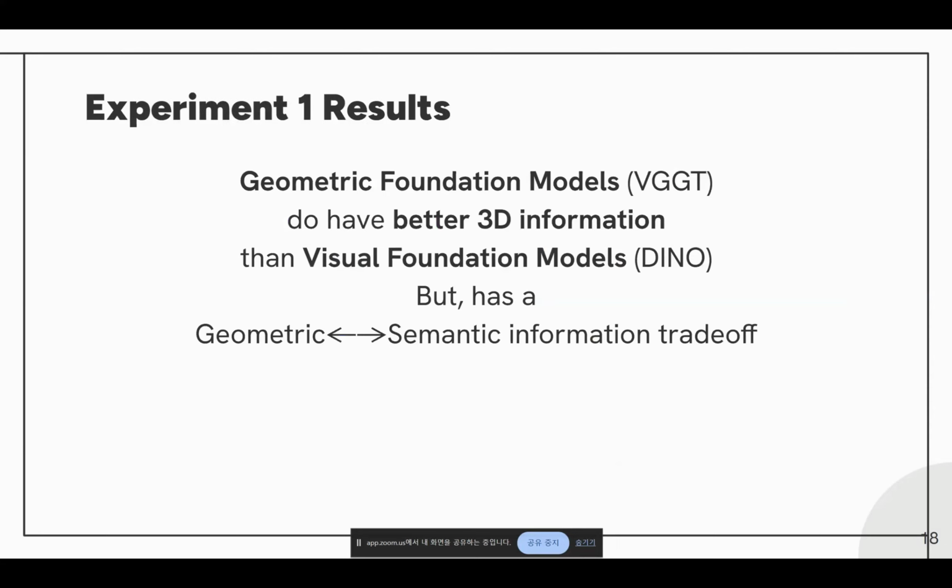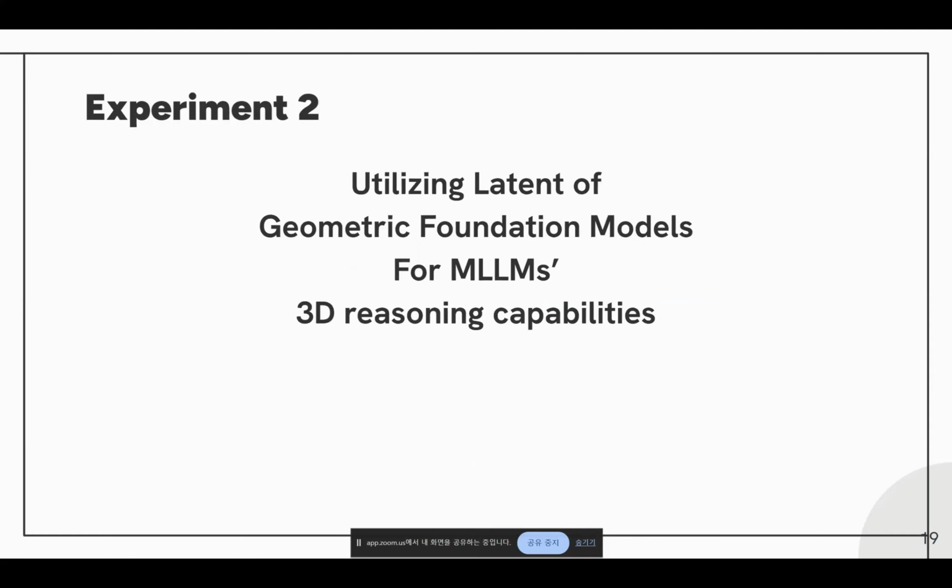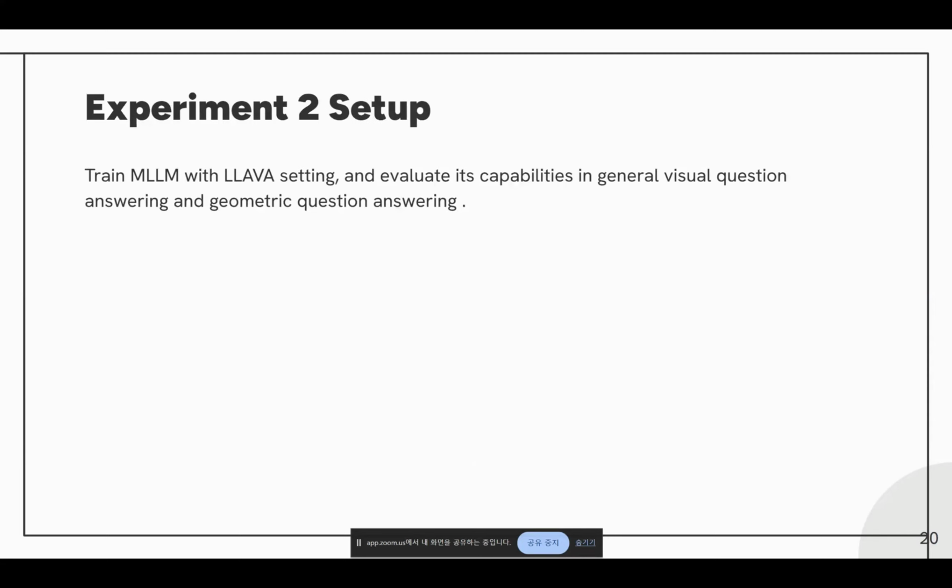So the experiment one results are that geometric foundation models have better 3D information than visual foundation models, but they have a geometric-semantic information trade-off. For the second experiment, we tried using these geometric foundation models' latents for MLLMs for 3D reasoning capabilities.